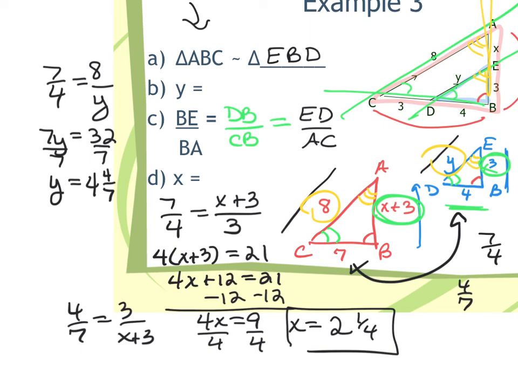Miss Corey, for letter C, the numbers are not in alphabetical order, and I'm used to putting in alphabetical order, so if I switch the letters around, would it matter? No, it doesn't matter. Like on the green one here, if you put BD and BC, you could do that. And then here you could do DE, but then you have to reverse and make this CA.